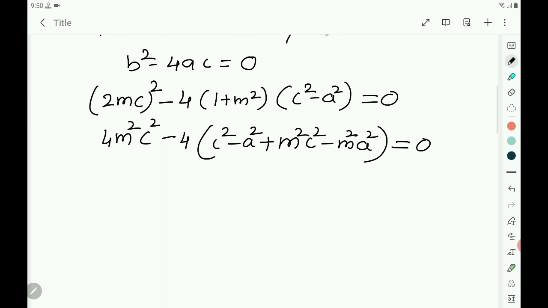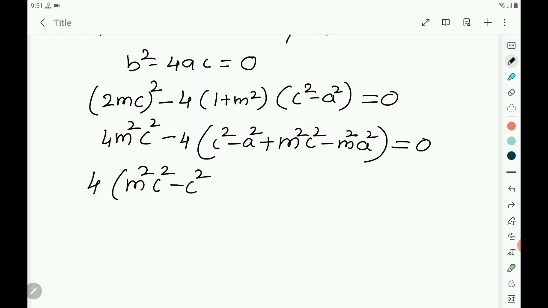Then here you can take 4 common. This whole you consider as 1 and 4 common. Then you write 4 into m²c² and remove the bracket here. Minus into c² is −c².